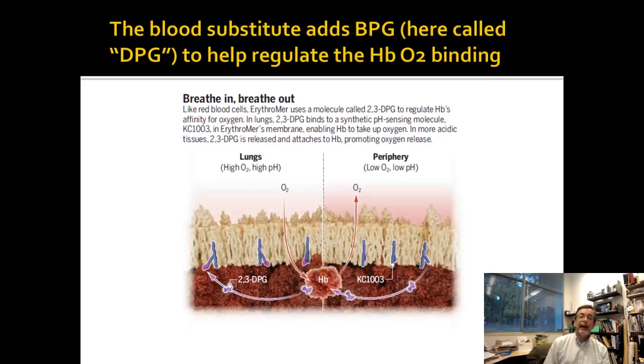They actually have that as part of the mix. It's a very important regulator. In fact, it's so important, if you try to purify out hemoglobin, you end up with a lot of BPG still stuck into it because it binds to it so tightly. Physiologically, you usually have a little BPG around, and the question is how much.